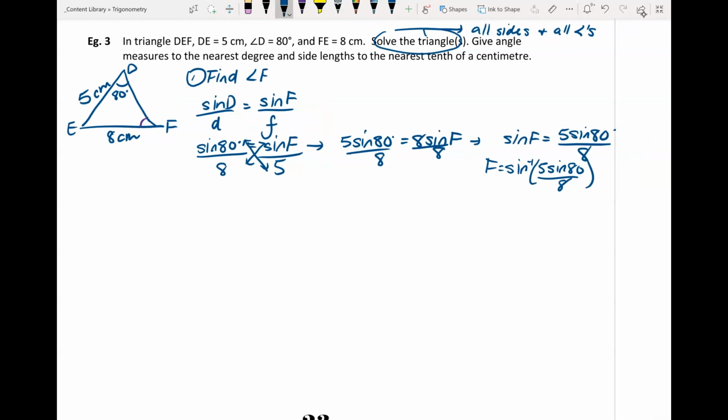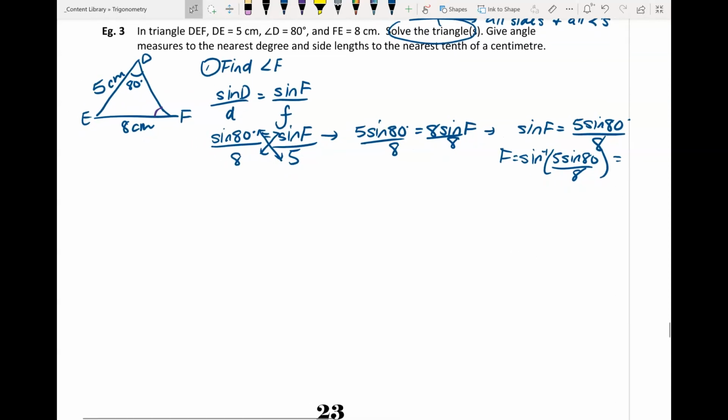I'm going to put this into the calculator as sine inverse of 5 times sine 80 divided by 8. You could also just simplify what's inside the bracket first. So once I put 5 times sine 80 divided by 8, I get 0.6155, and then sine inverse of that is 38 degrees. So therefore, angle F is 38 degrees.